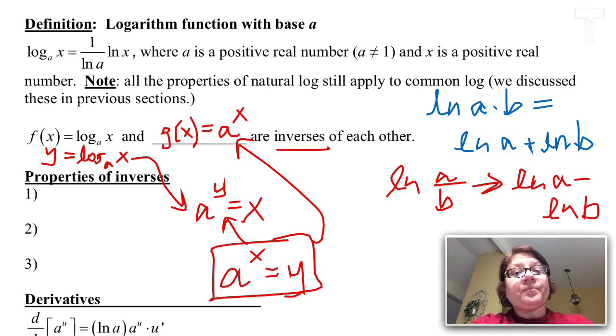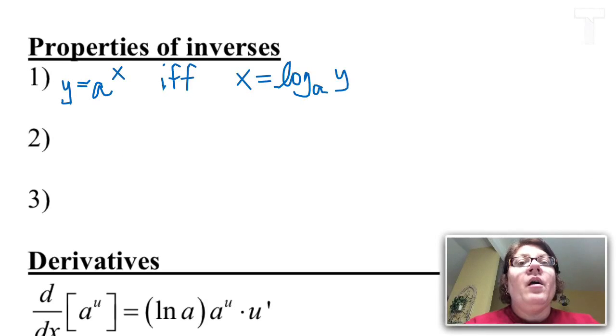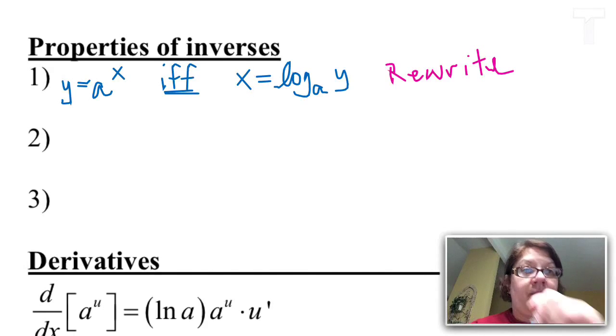Okay, so now looking at the properties of inverses, remember this means if and only if. And of course, if I take either side and I decide that I want to convert them, I can turn them into the other form. These are rewrites of each other. They both mean exactly the same thing.